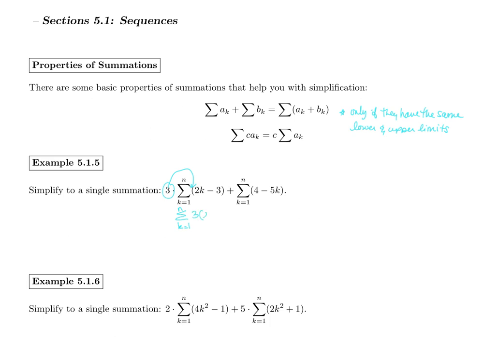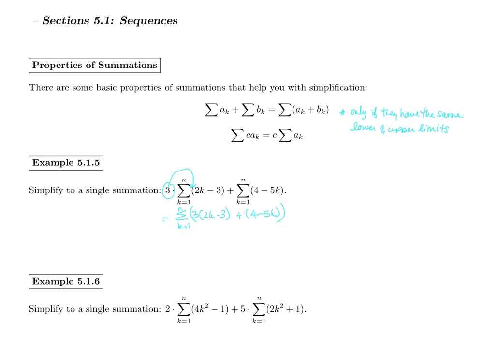So we can bring in the 3 times 2k minus 3, and then we can add to it the 4 minus 5k. And the thing is, you have to remember to put parentheses around everything that you're summing. Otherwise, the notation means you're just summing the first term that it's closest to.